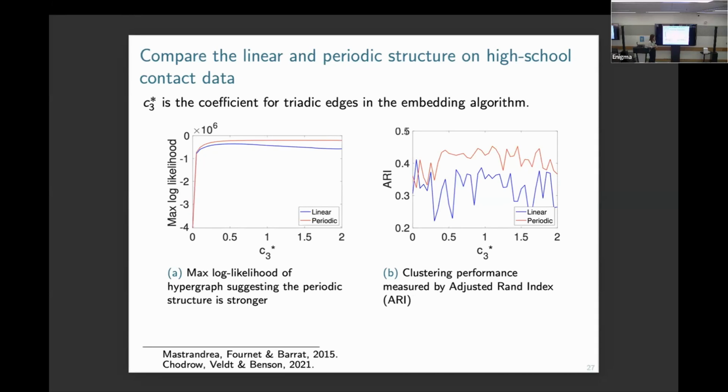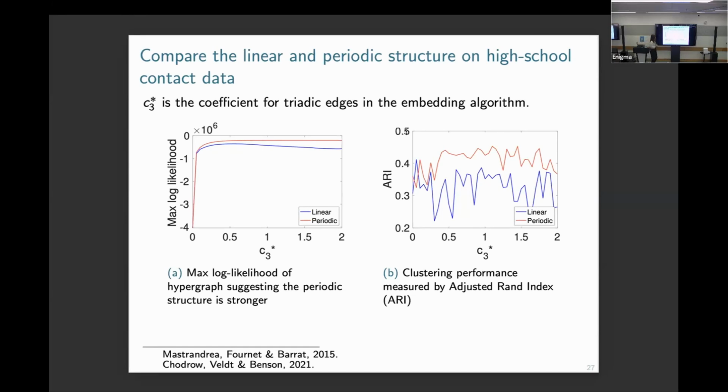In that way, we can capture not only pairwise interactions but also higher-order interactions, and generate this hypergraph data. Here we truncate the data and keep only the second-order and third-order interactions, so we remove all the edges with cardinality larger than 4.